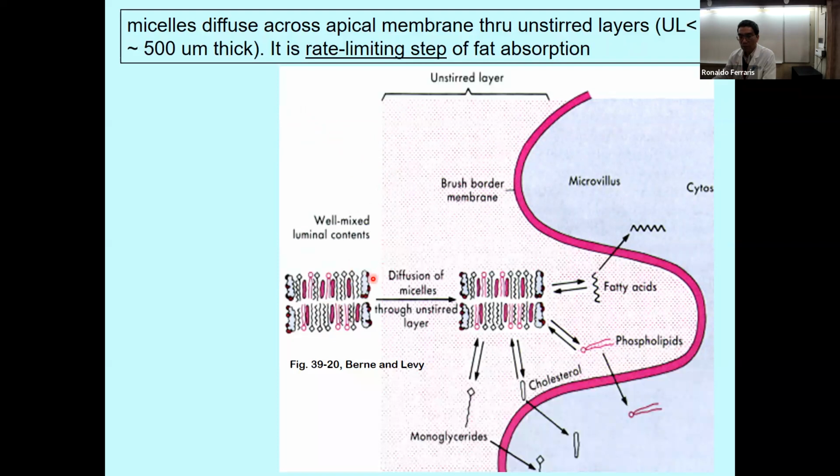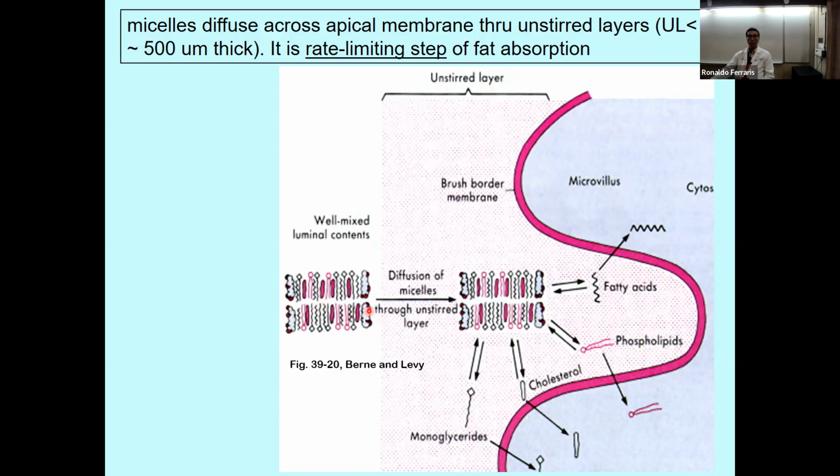If you don't have micelles, you are going to defecate your lipid digestion products, because the hydrophobic lipid digestion products either do not cross, or cross at very slow rates, by diffusion through here and then across the lipid bilayer by diffusion. So it's very difficult for these lipid digestion products to cross the unstirred layer.